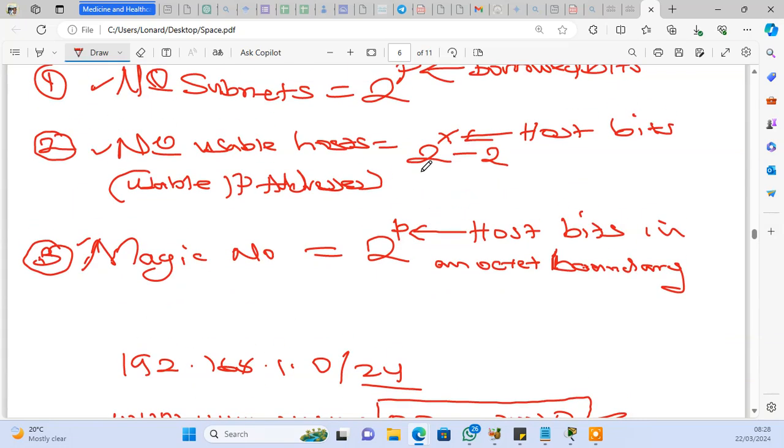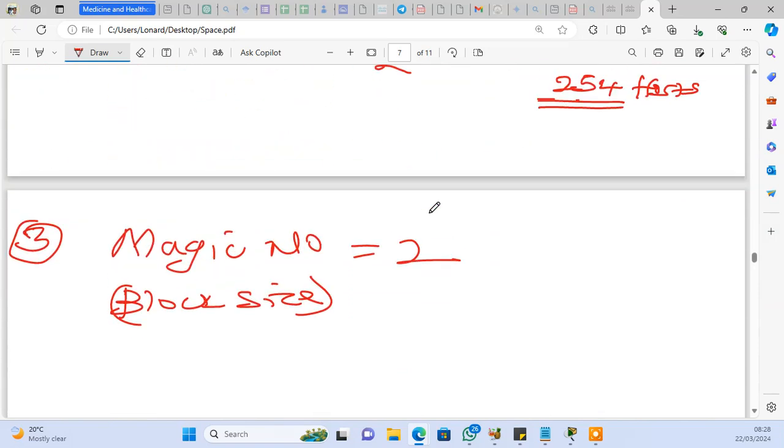So maybe we can code it M. And then here let's maintain and record it M. So this M here is host bits, but with a condition: host bits in an octet boundary.